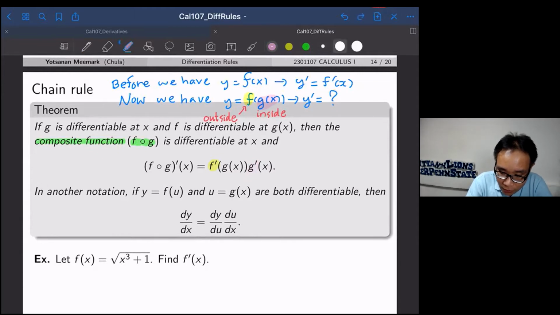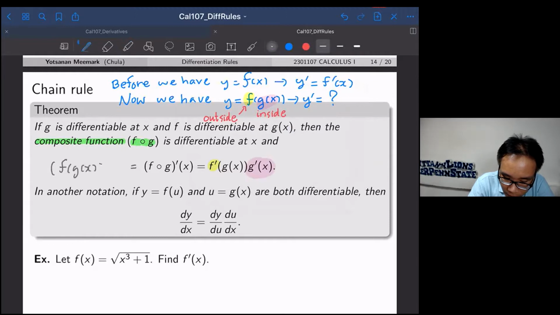So normally I'm going to write with just this color. So I highlight only the derivative of the outside. And what does it mean? It means that if you are looking for f of g of x prime, you have the thing sitting inside, which is your g of x, and the thing sitting outside, which is the yellow guy.